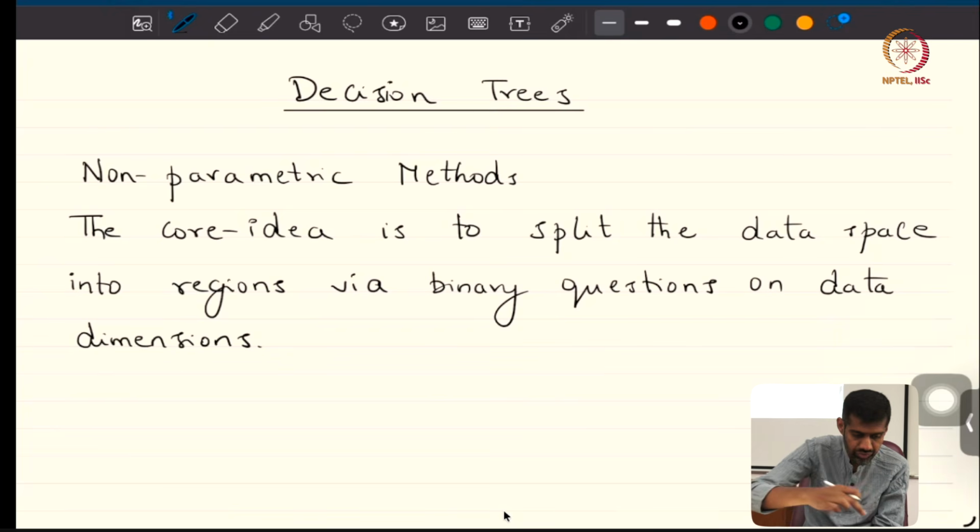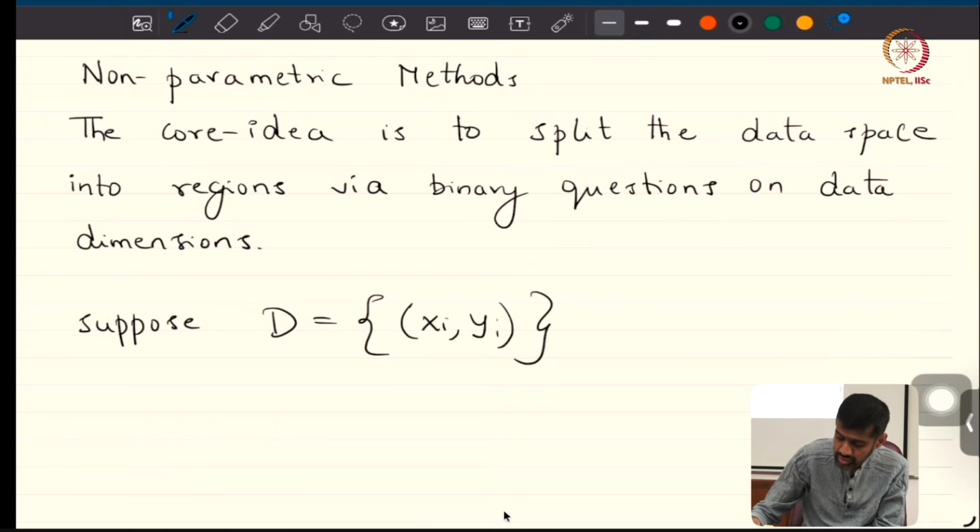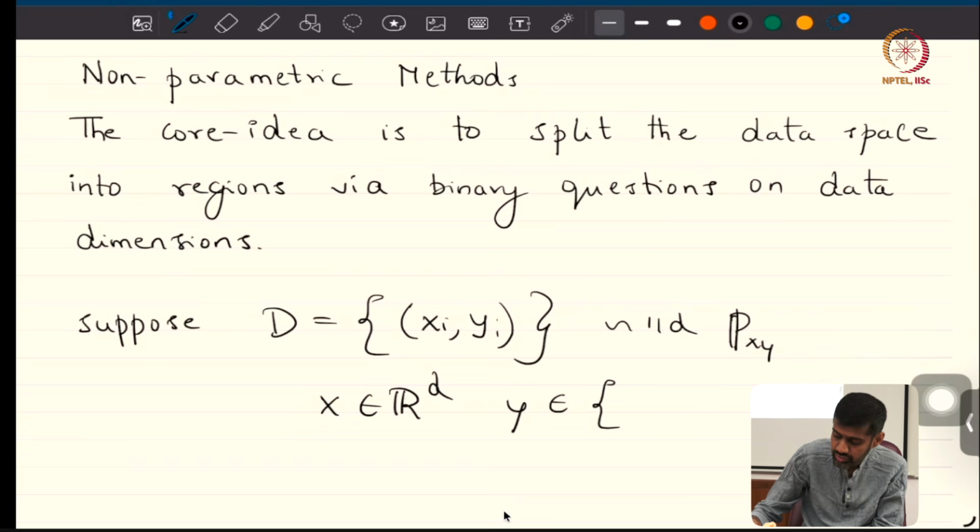Right. Now, mathematically, suppose we have the data set D, which are points that are still IID drawn from P_xy. We have x in R^d, and for now let us say that we are looking at classification problems.